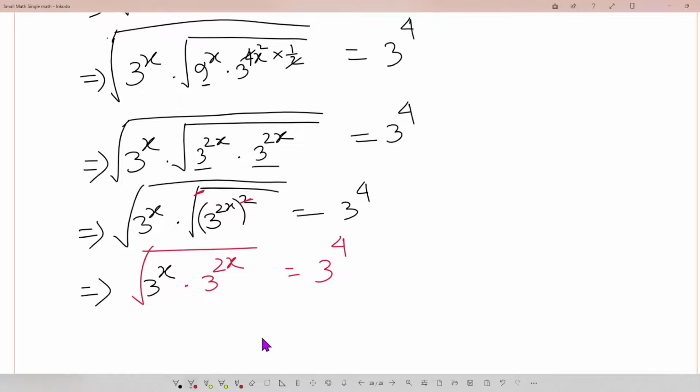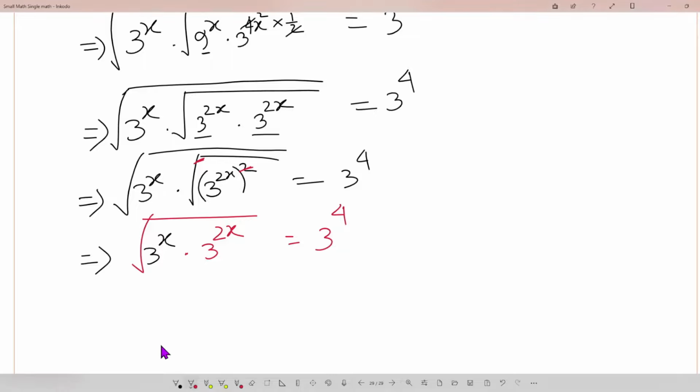Now 3 to the power x, 3 to the power 2x, we can write 3 to the power x plus 2x, whole root, equals 3 to the power 4.